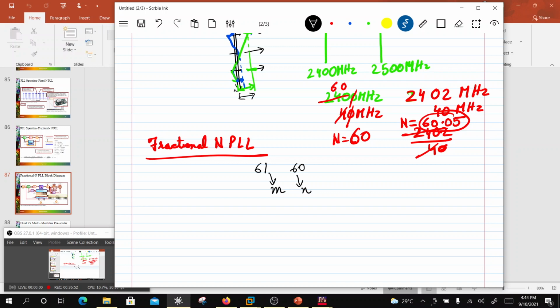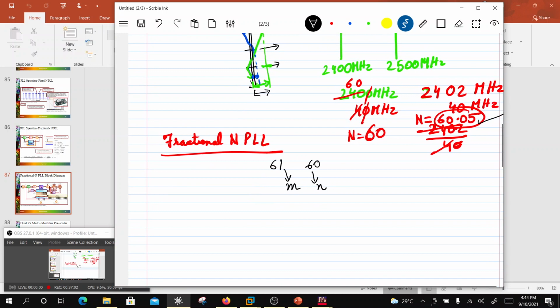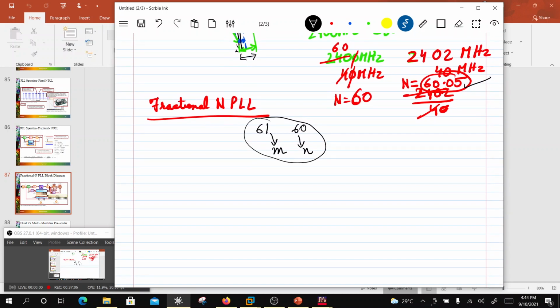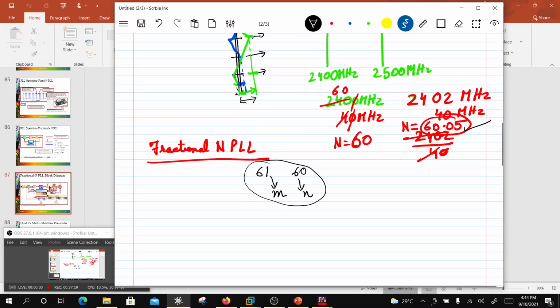So can I have an average which is equal to this? Basically the system is responding to the average of the two numbers. One is happening m times, the other n times, and over a period of m plus n times I am achieving a fraction of 60.05, and this is what is being done in a fractional N PLL.